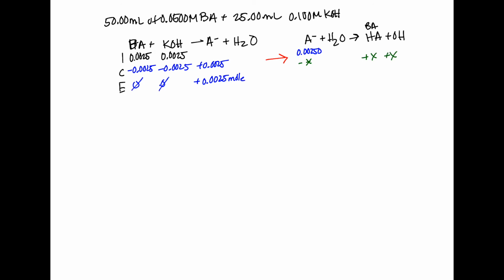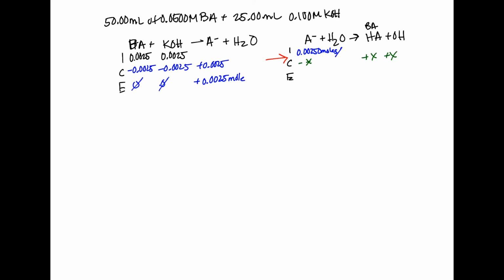And I want to pause there for a second because I want to make sure that I don't forget about something. This is the amount of moles. But eventually what I want to do is find a concentration of my hydroxide. So that's the amount of moles, but it doesn't take into consideration how the volume has changed. So what I should really do is do this in concentration. Moles divided by liters.